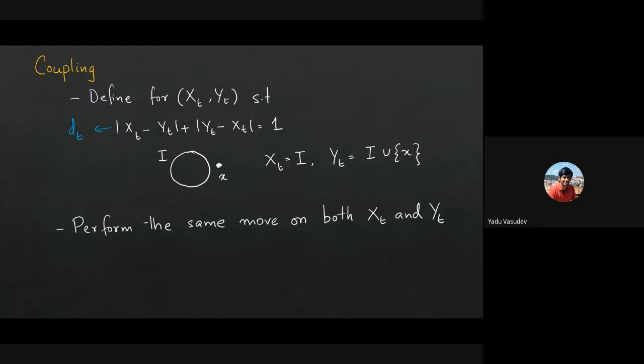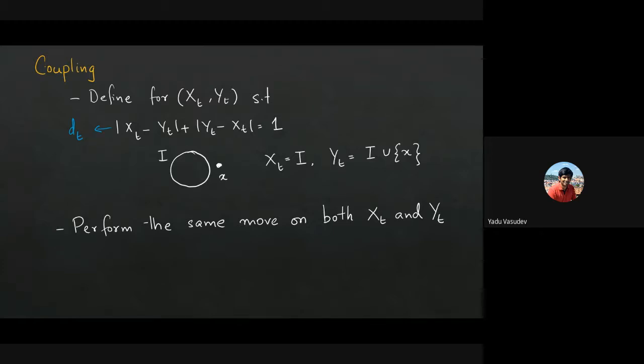And the coupling is going to be very simple. What you do is you do the same step on both xt and yt. What does it mean? It means that you will choose the edge uv uniformly at random, and then there are three possible steps that you can do. You choose the same step to be done in both xt and yt.